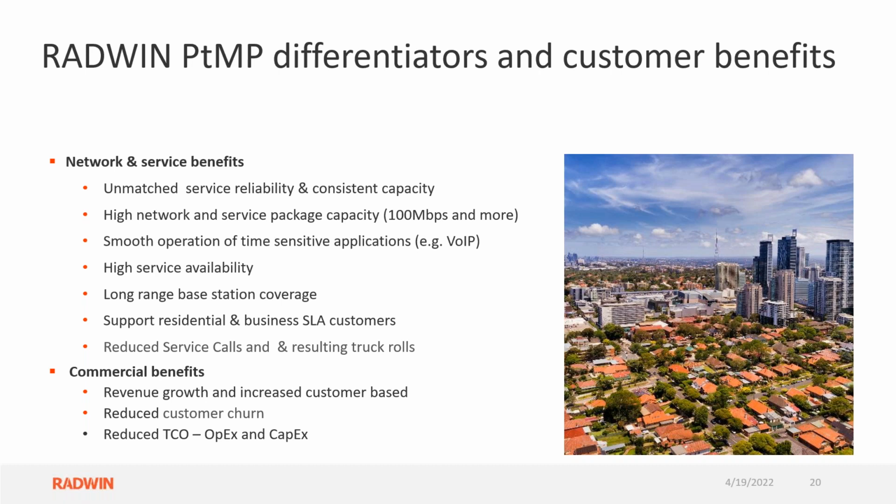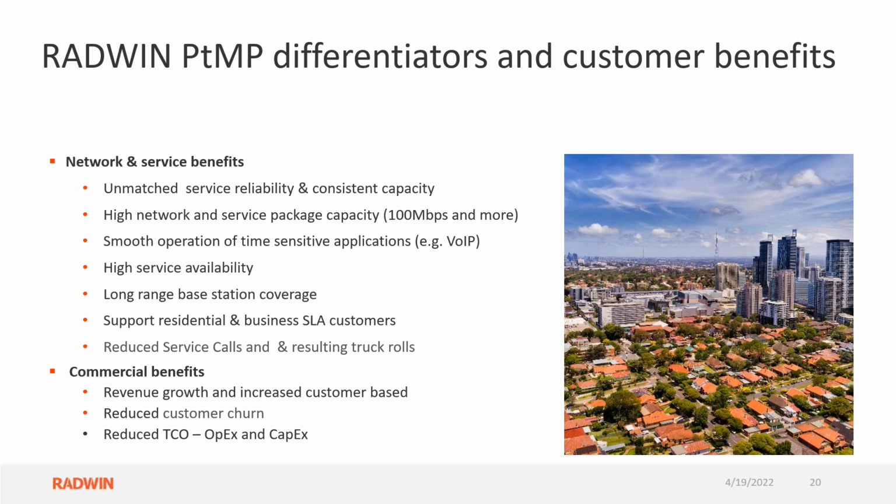Because of how we handle AP and subscriber synchronization, we can smooth out the connections and make sure that time-sensitive apps like voice over IP and Zoom and Teams don't suffer from jitter or any kind of latency issues. We even it all out. Again, that makes the availability of the service better.